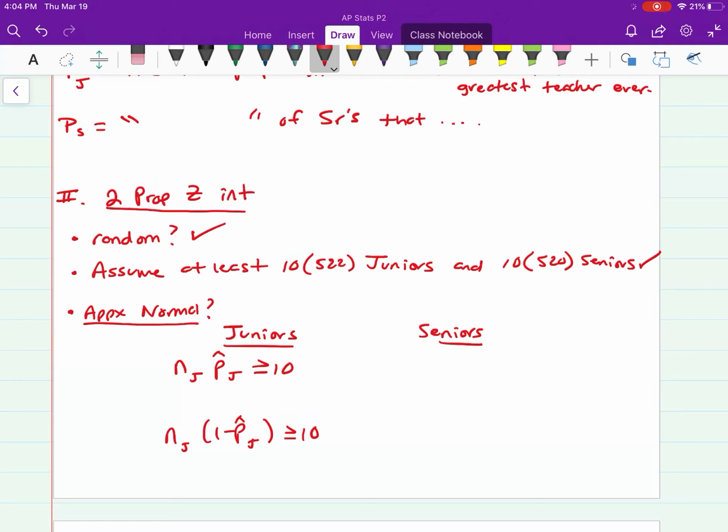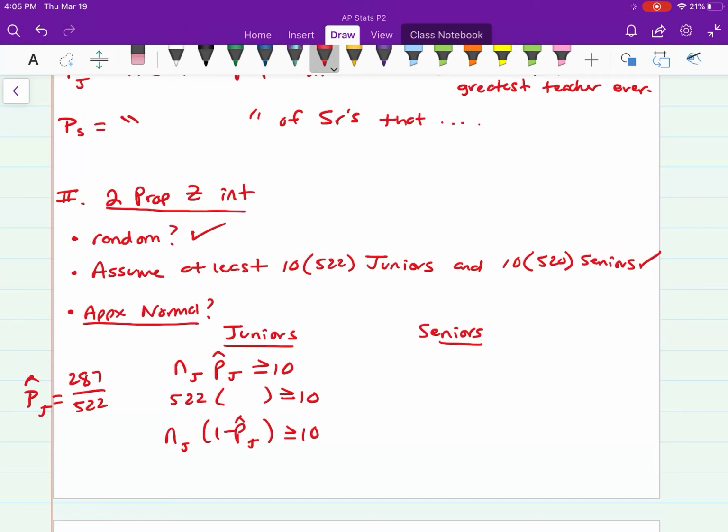All right, so the sample size for juniors is 522. And the sample proportion of juniors, p hat j, out of those 522, the 287 said that I'm the best teacher ever.